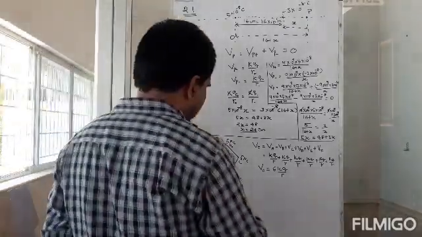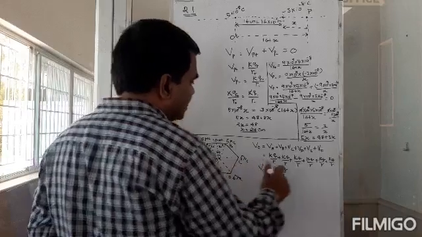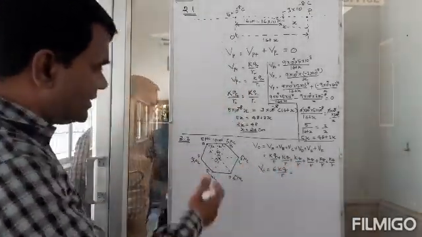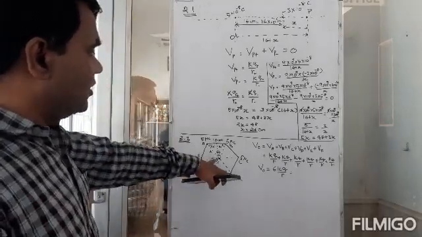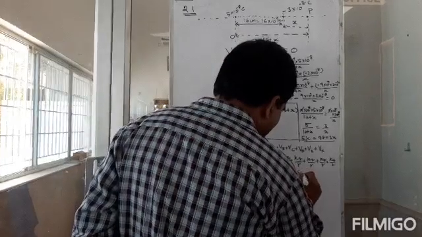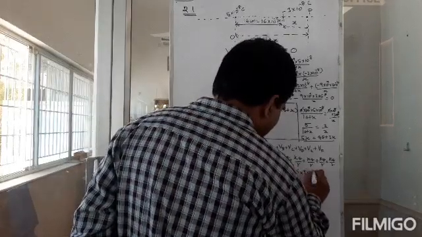Once we know the value of r, I can substitute all the values in this equation to find the potential at point O. So that would be 6 into 9 into 10 power 9 for k.